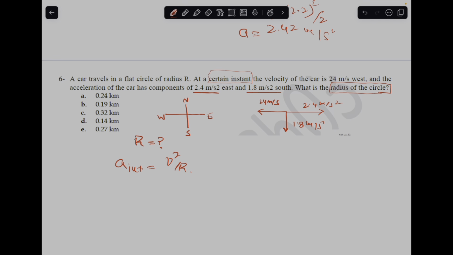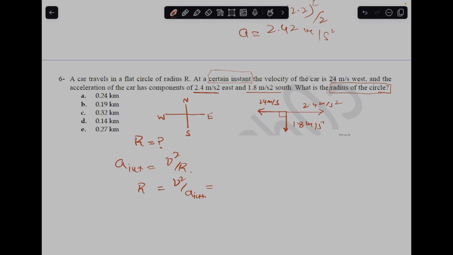So when the acceleration is instantaneous, we only consider the component which is perpendicular to the velocity. This is your velocity direction and this is your perpendicular component, which makes an angle of 90 degrees. So now r is nothing but v squared divided by a instantaneous.